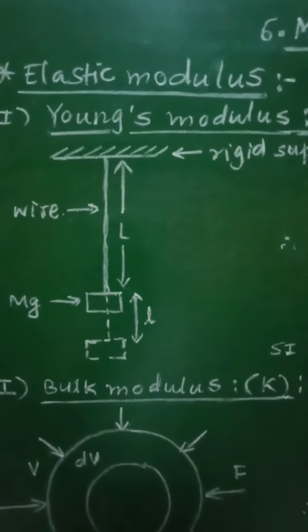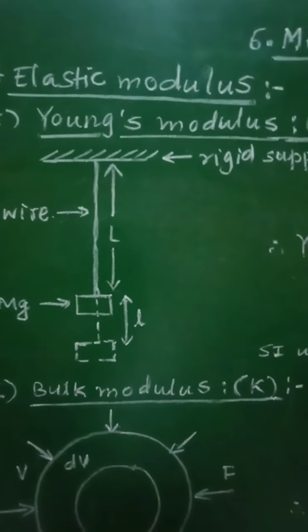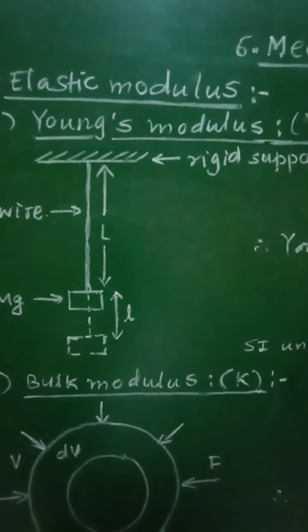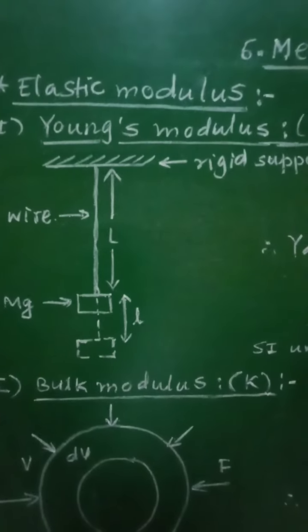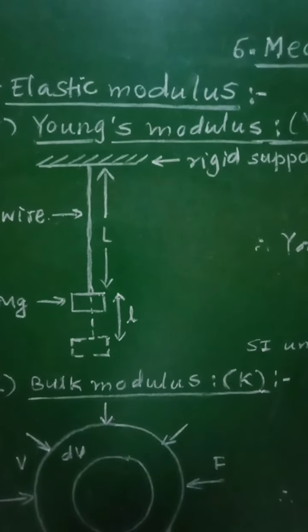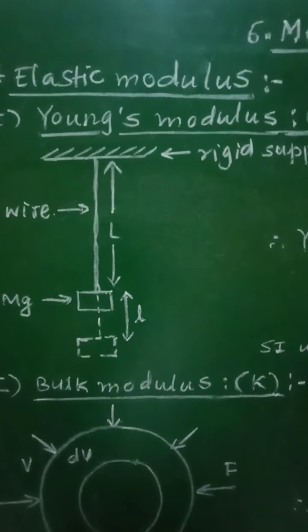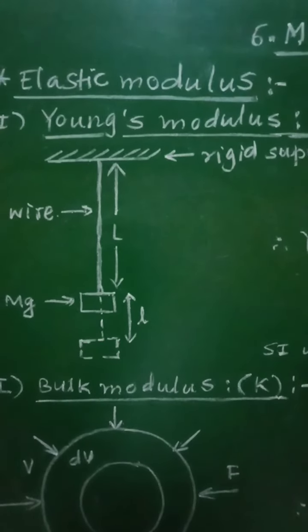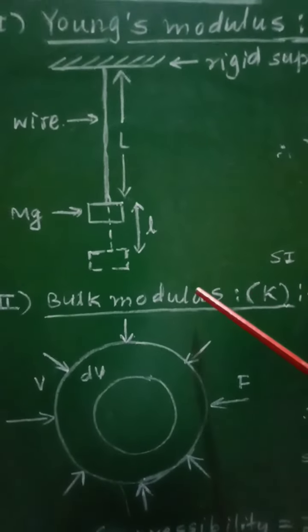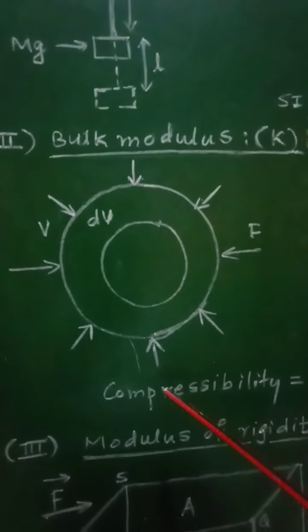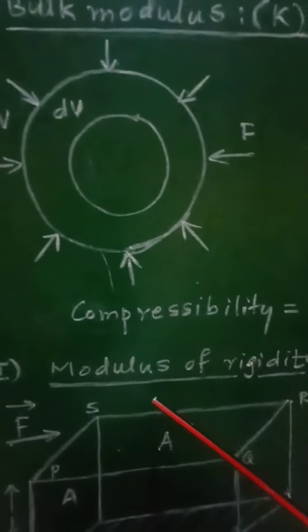So, as three different types of stress and strain are present, three different types of elastic modulus are defined, and these are Young's modulus, bulk modulus, and modulus of rigidity.